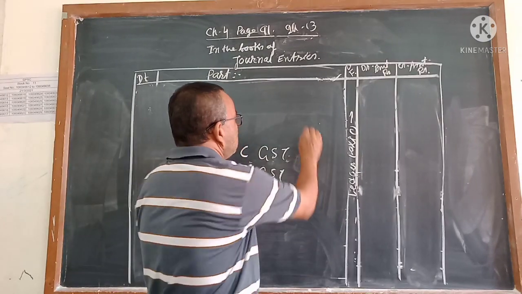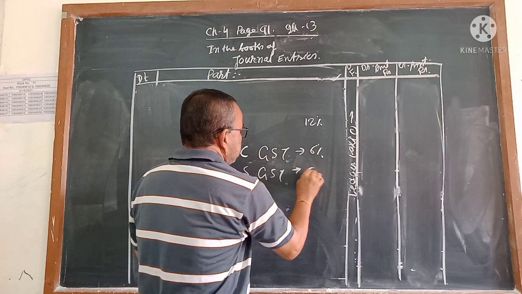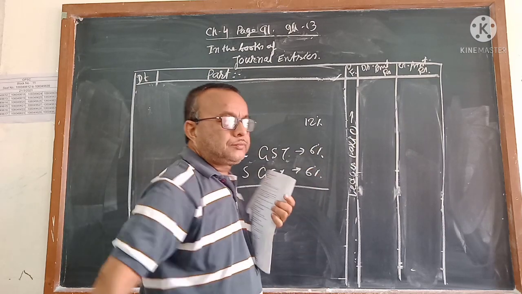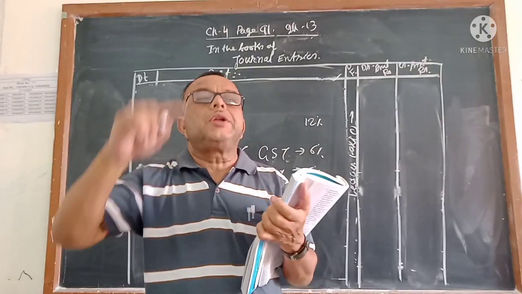Suppose total GST is 12%, then 6% the central will take and 6% the state will take, if it is within the state or within the union territory.